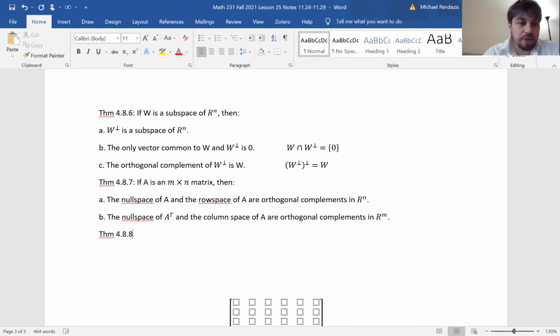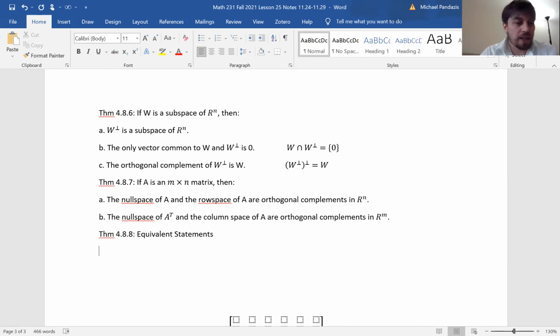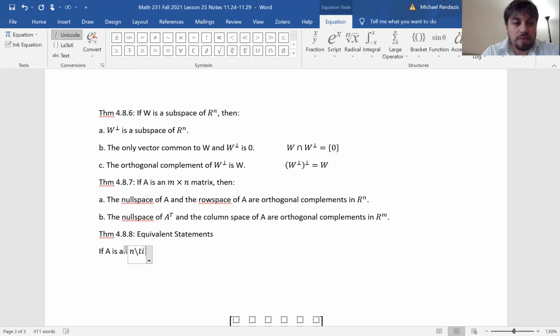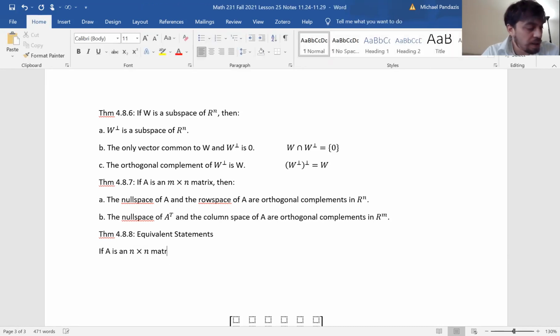Theorem 4.8.8. Equivalent statements. Okay, so we have an equivalent statements theorem already, right? It says a bunch of things are equivalent. And so if A is an n by n matrix, then the following are equivalent, meaning have the same truth value. Capital A is invertible. Okay, this is a continuation of the previous equivalence theorem.